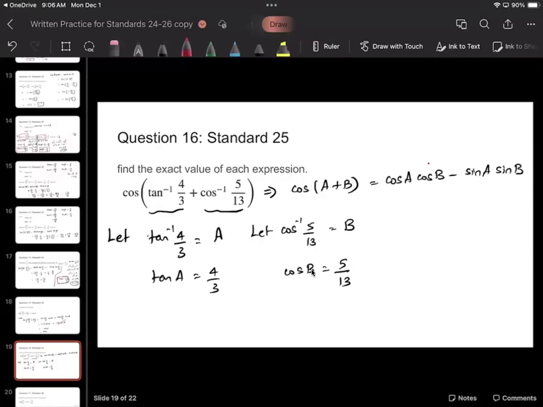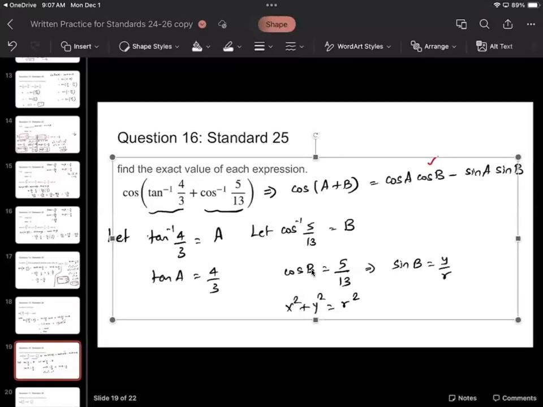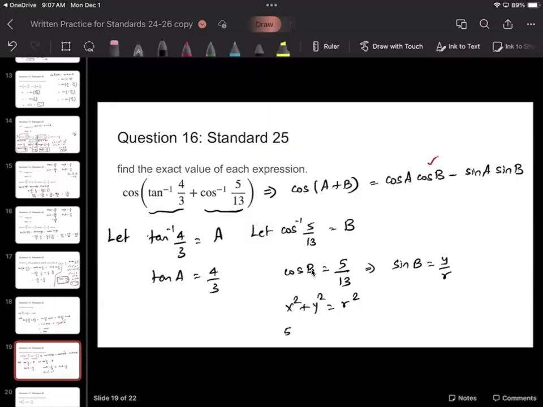I have cosine B, correct? The rest I don't have. So what is the next value I need? I need sine B. If I use my Pythagorean identity, x squared plus y squared is r squared, knowing that sine is y over r and given x over r, I can solve for it. What is my x? X is 5, y is the unknown.